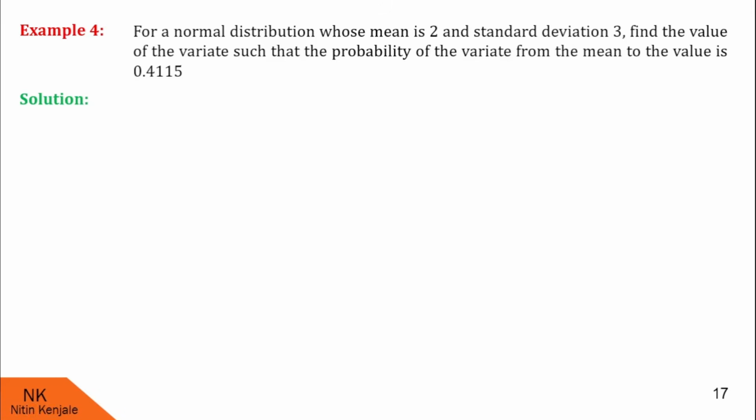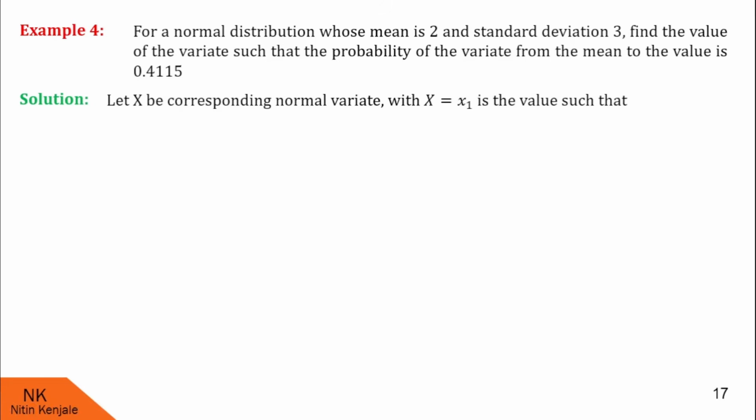Let us proceed to the solution. As I said, let x be the corresponding normal variate and let x equal to x1 be the required value of that variate whose probability from the mean is 0.4115. Exactly what I said. The probability of x from the mean to that x1 is 0.4115.